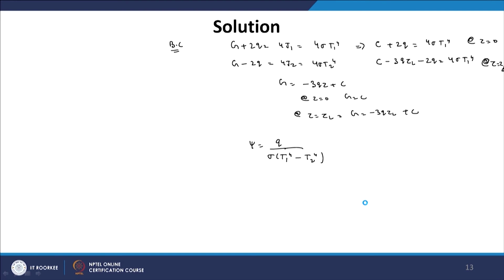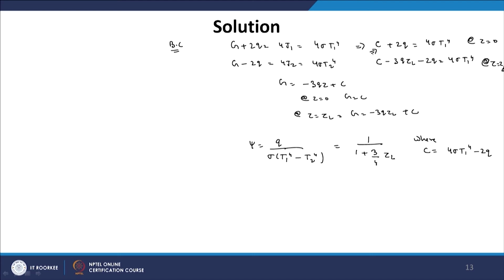We get this value as equal to 1 by 1 plus 3 by 4 tau L. Where c has been found as equal to 4 sigma T1 power 4 minus 2q.